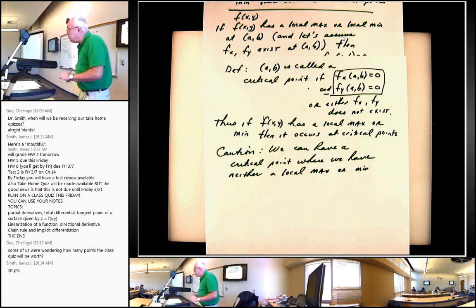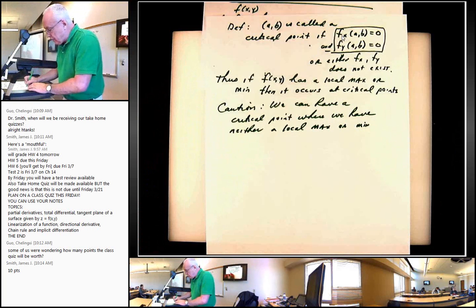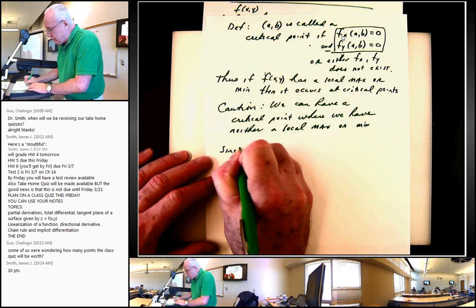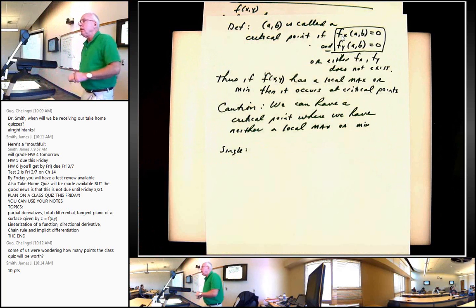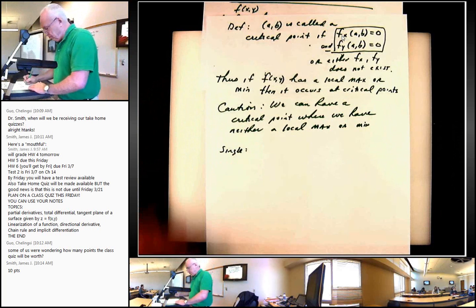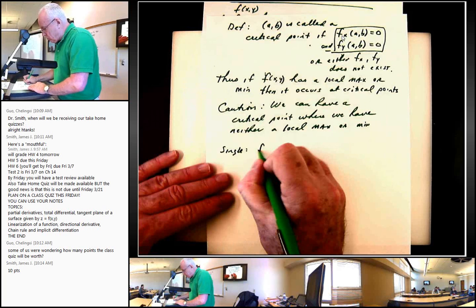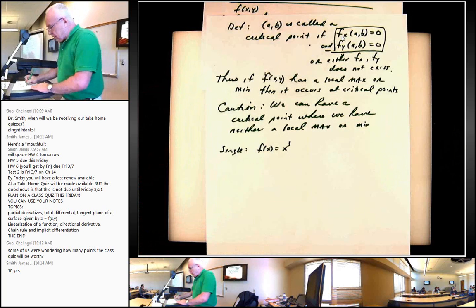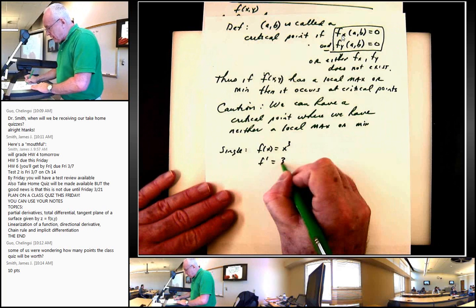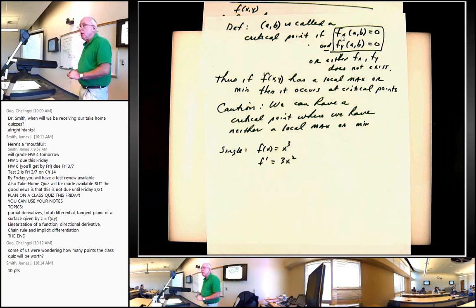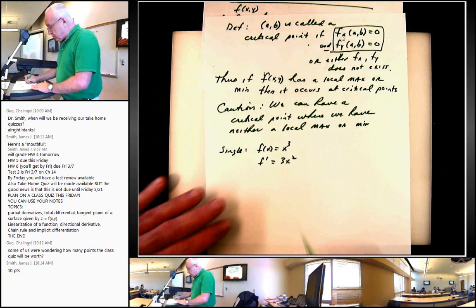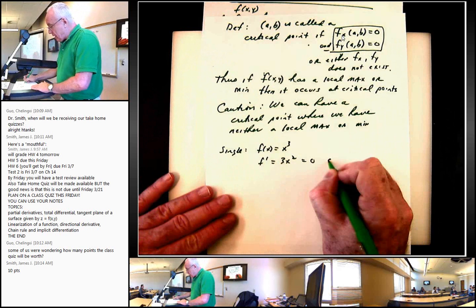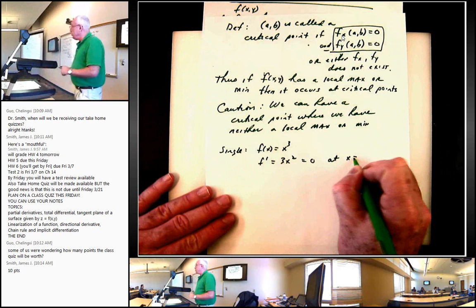Okay. And let's just look at how we actually have this in functions of single variables. Let's take a side trip here for a moment to single variables, and look at f of x equal to x cubed. Well, its first derivative is 3x squared, and so that's equal to 0 when x is equal to 0.